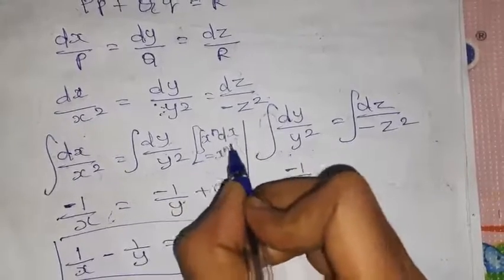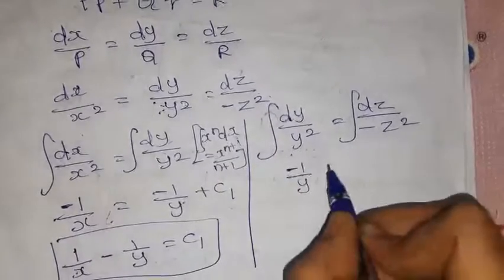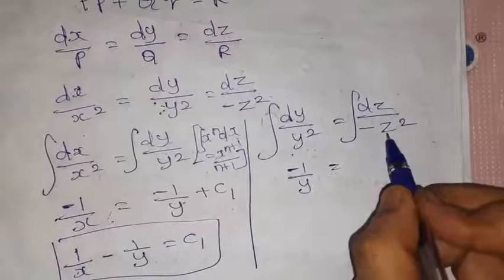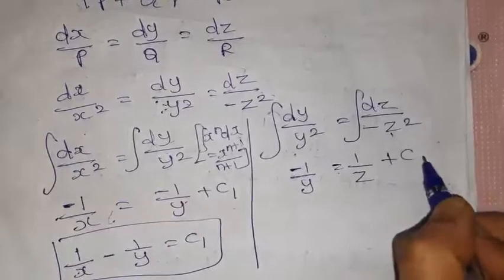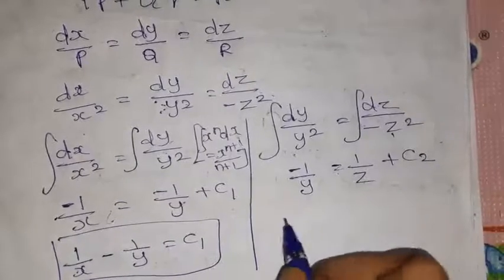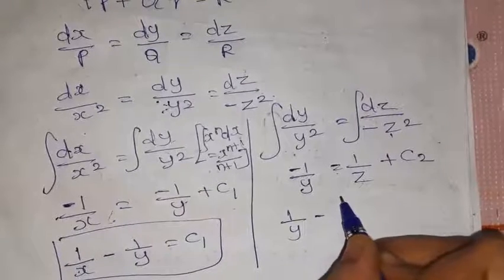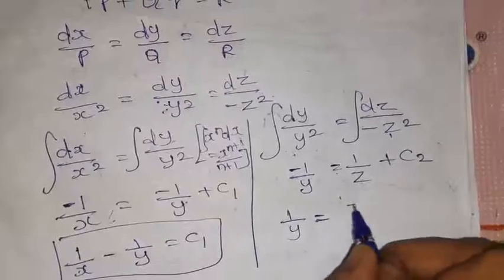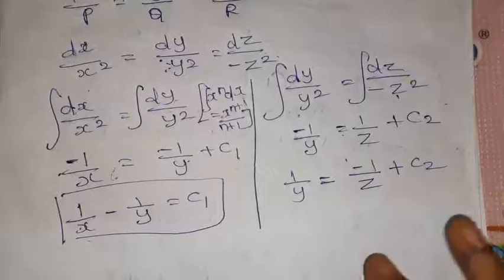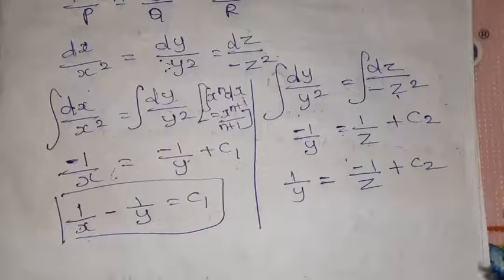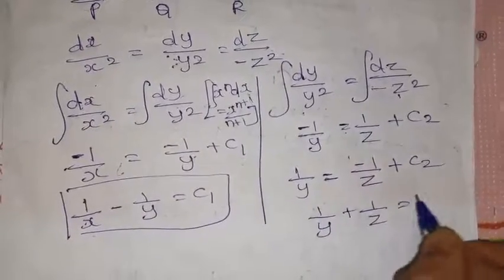This is the basic integration formula, so by applying it we will get this only. dz by z squared we will get minus 1 by z, so 1 by y plus 1 by z equal to c2. The c2 will be c2 itself because it is a constant, no need to worry about the sign.